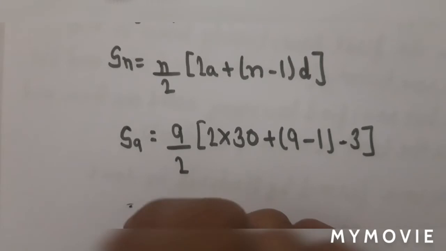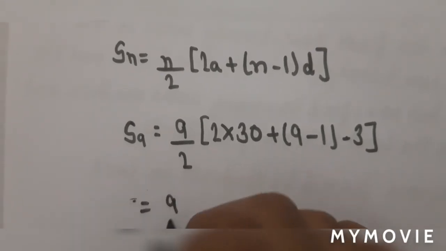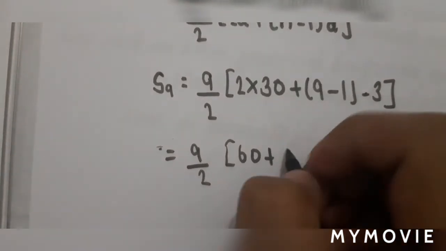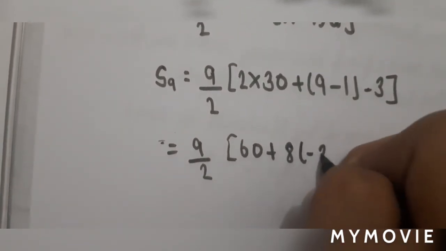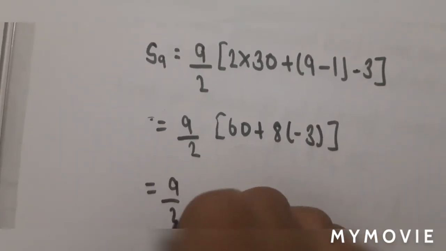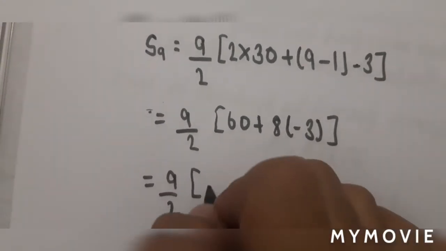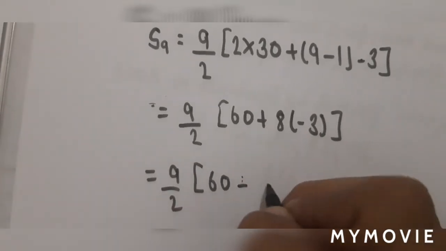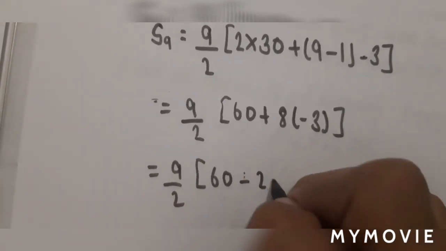So 9 by 2, 60 plus 8 into minus 3. 9 by 2, 60 minus 24.